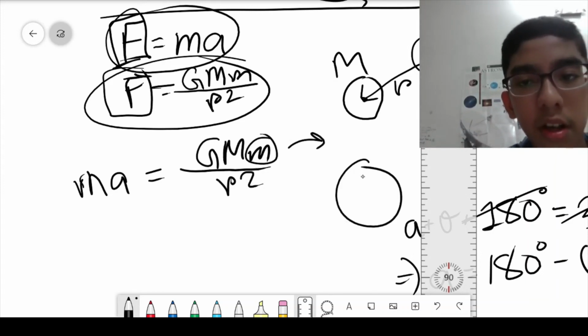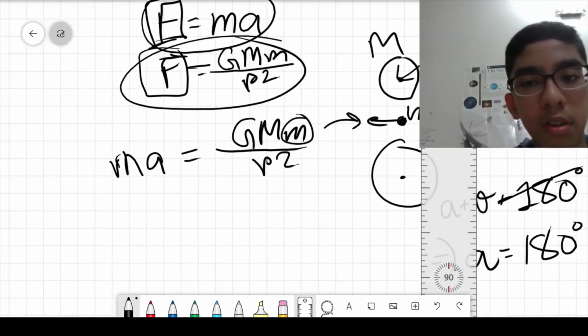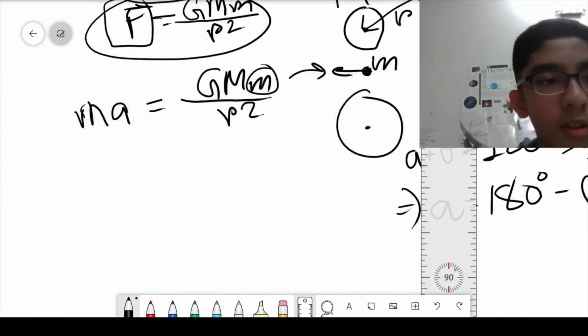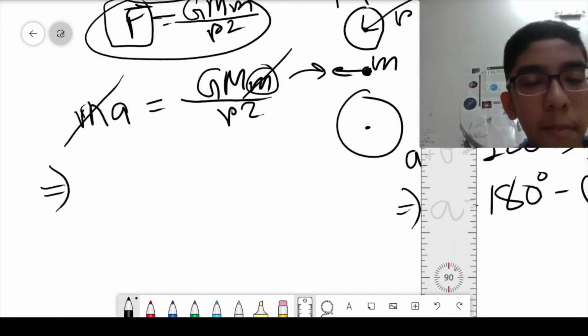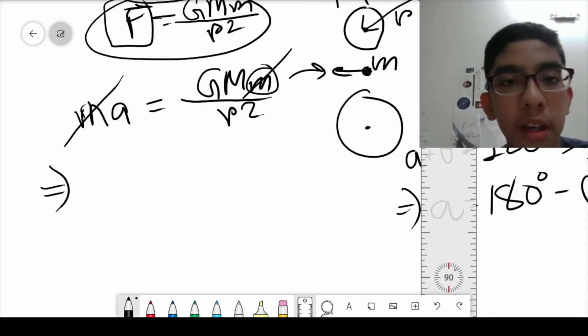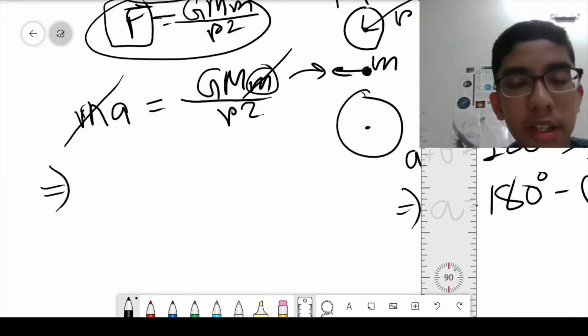This is actually the mass of the object which is orbiting the planet. So we can cut out the m's. So here, see, the mass of the object which is orbiting the planet does not affect the velocity at which it needs to travel in order to orbit.